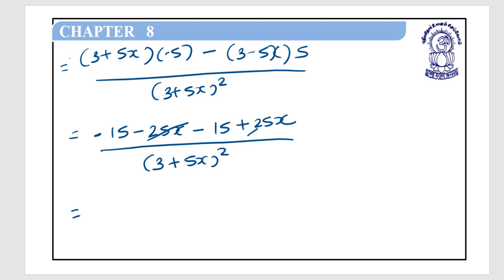Minus 25x plus 25x cancel. Minus 15 minus 15, it is minus 30 upon 3 plus 5x whole square. So check the options.